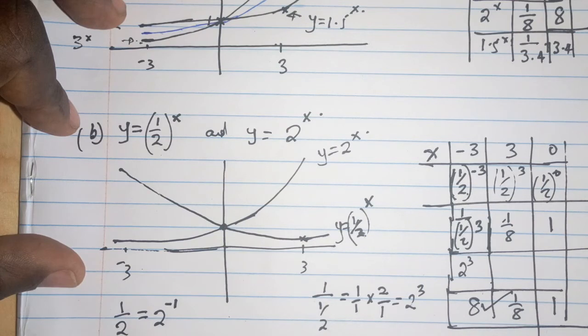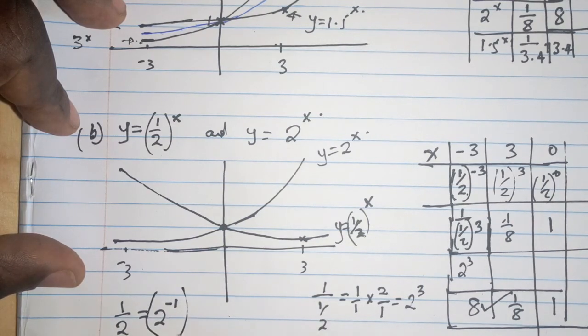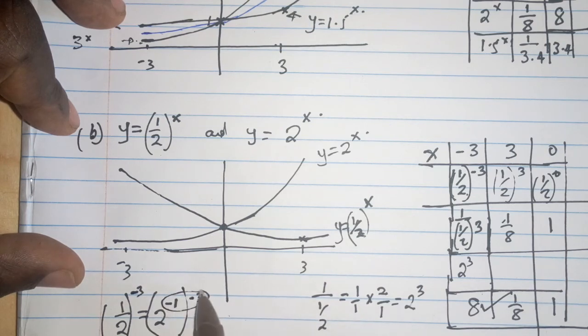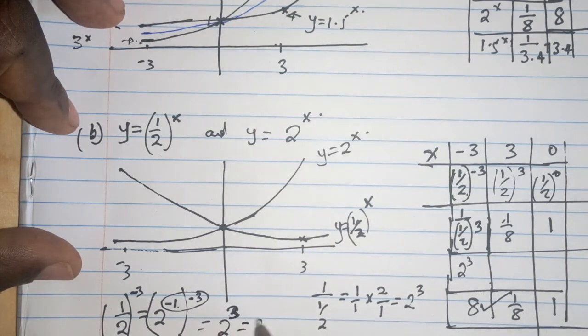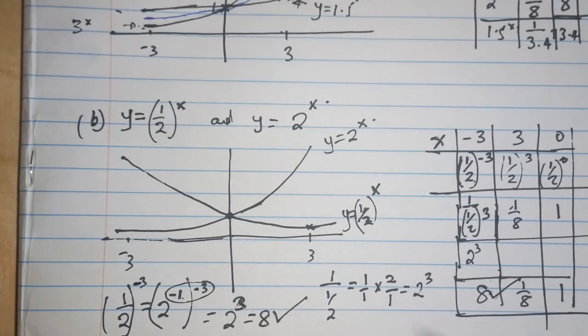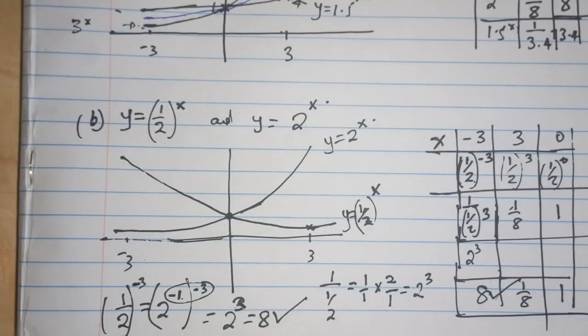So if x was negative 3, 2 raised to power negative 1, raised to power negative 3, you multiply the powers out, it becomes 2 raised to power negative 1 times negative 3, which is 3, and is going to be 8. Again, that supports why we are having an 8 there. It is important that we all understand why the graph takes that shape. Yes, I have gone slowly in that example because I thought it is important that we understand.